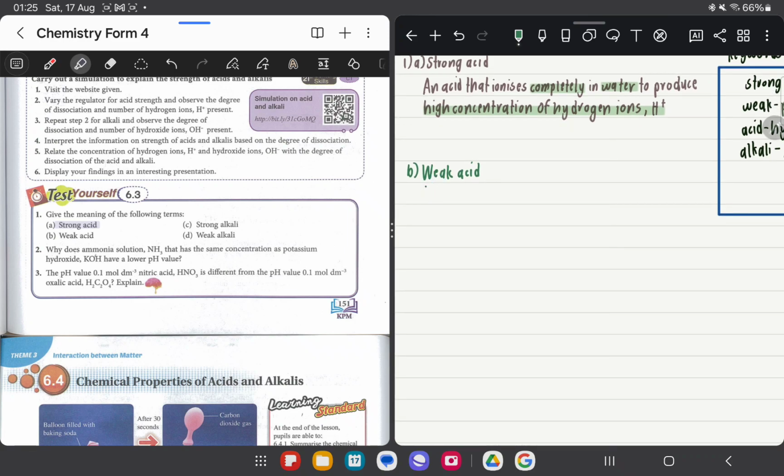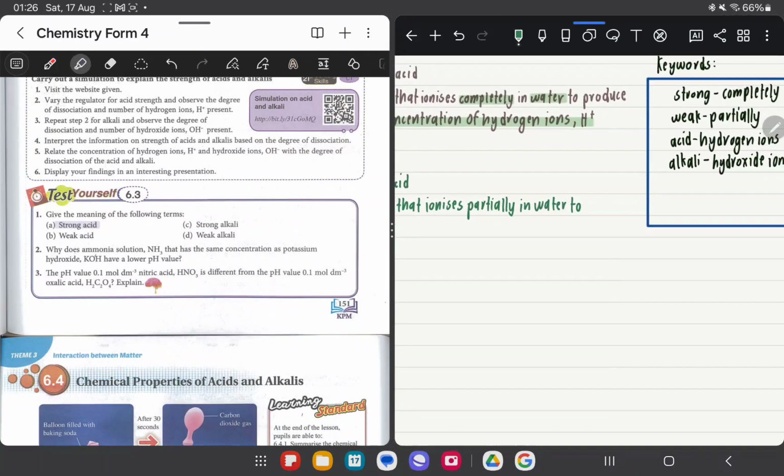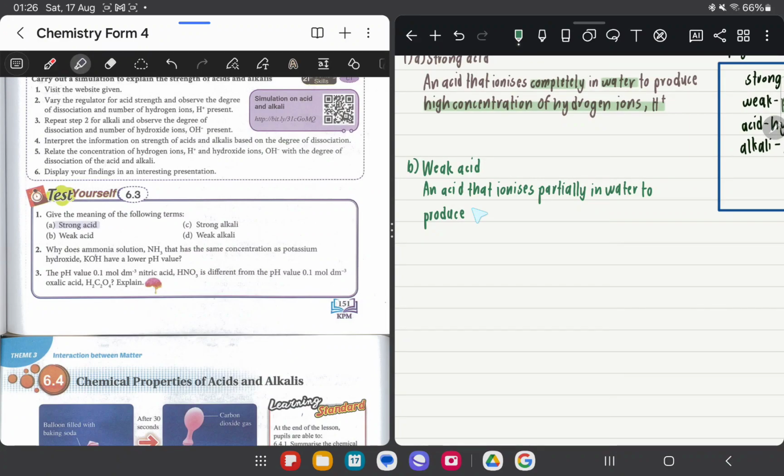Then just write: an acid that ionizes partially in water to produce low concentration of hydrogen ions.